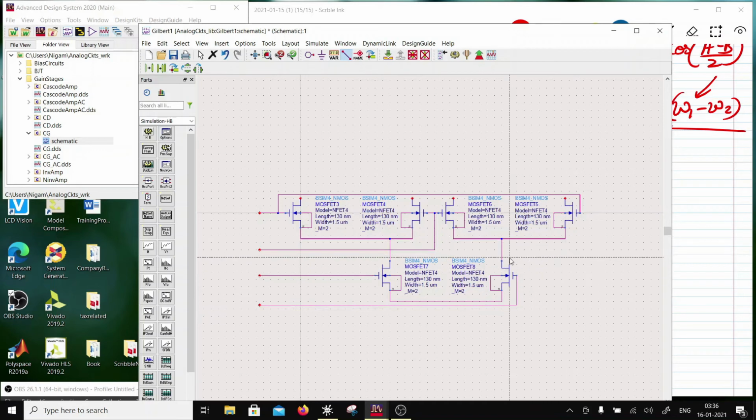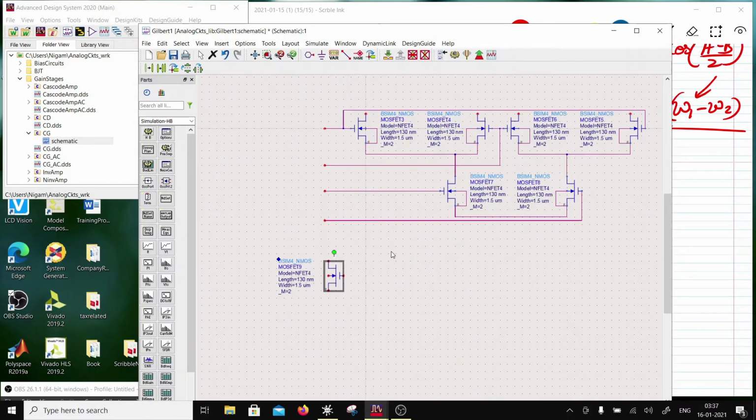Okay, and then I have to put an I tail. So in this case I will put a big transistor here. I will take one of the transistors and make a current mirror over here. This is going to be 2.5 by 2 and this is going to be 20.